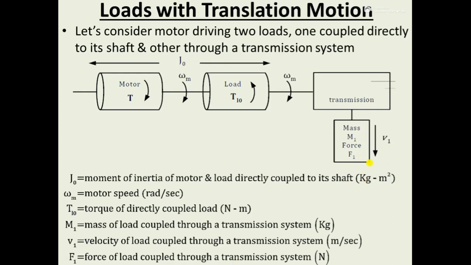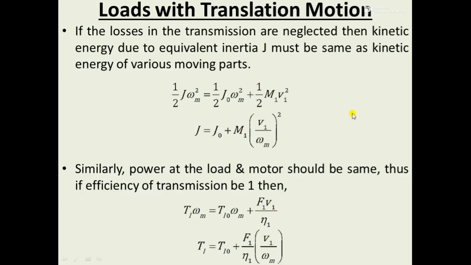But this force into velocity gives the output power for the translational system, whereas we need the power being fed to it. That can be found from the output power by dividing it by the transmission efficiency. That's what we are doing here: we divide the output power F1 V1 by the transmission efficiency.